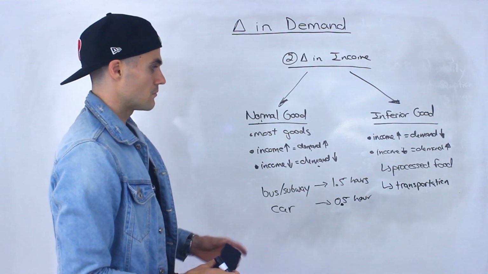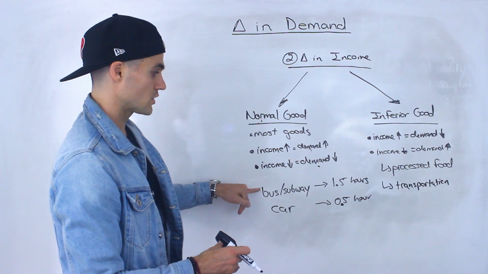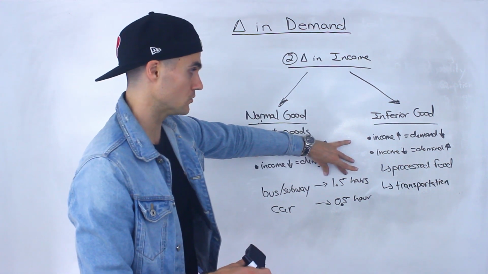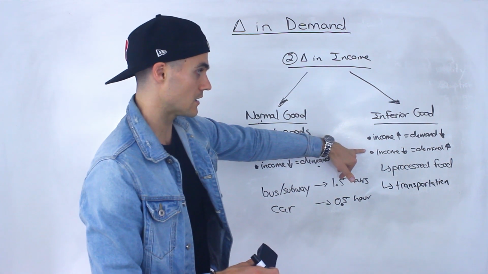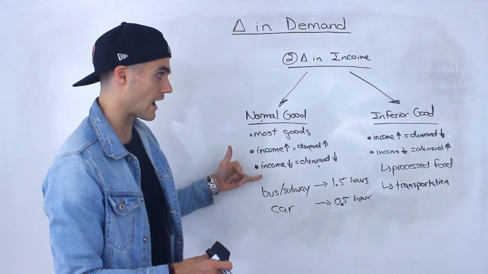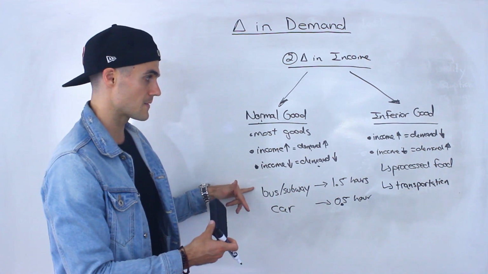So maybe when you're starting at the job, your salary is not as high, so you want to try to save money, so you're going to take the bus, subway, and you're going to do that 1.5 hour commute. So as your income is lower, your demand for that good is higher. So the bus, subway is considered inferior good in this case.